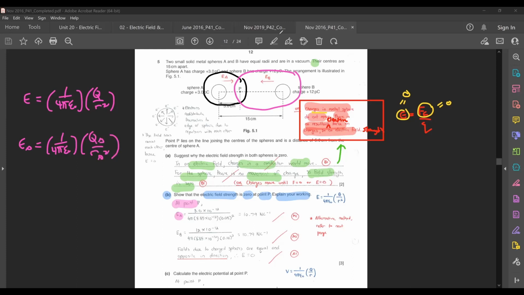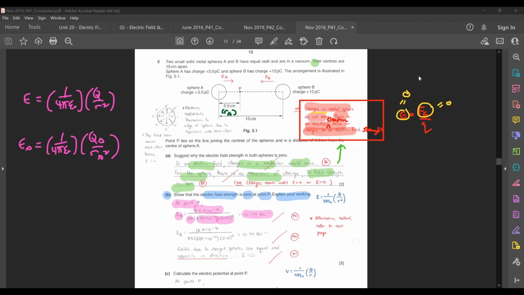So they just find the magnitude of the field strength due to A, where it is 3 times 10 power minus 12 divided by 4 pi epsilon naught times RA square. Your RA is basically this one, the 5 centimeters here. All right, so you eventually get this answer, 10.79 Newton per Coulomb.